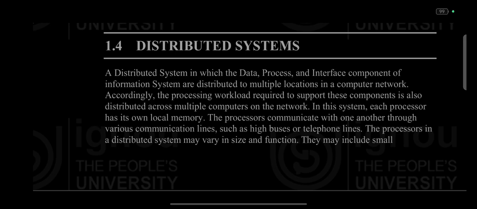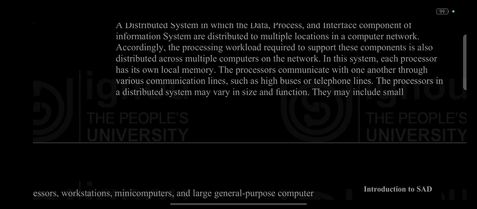Accordingly, the processing workload required to support these components is also distributed across multiple computers on the network. In this system, each processor has its own local memory. The processors communicate with one another through various communication lines, such as high speed buses or telephone lines.